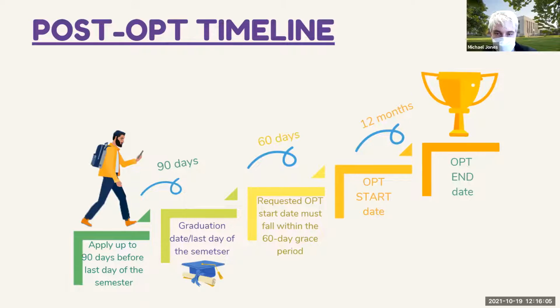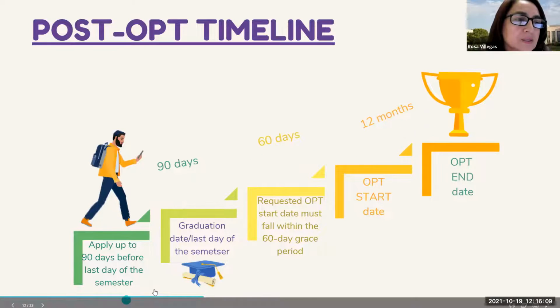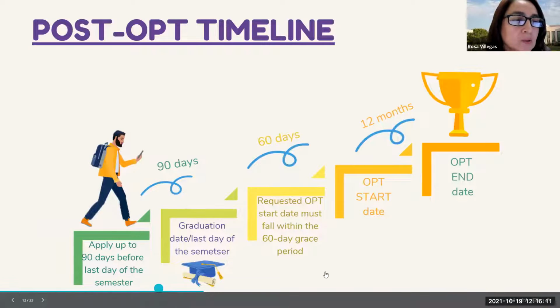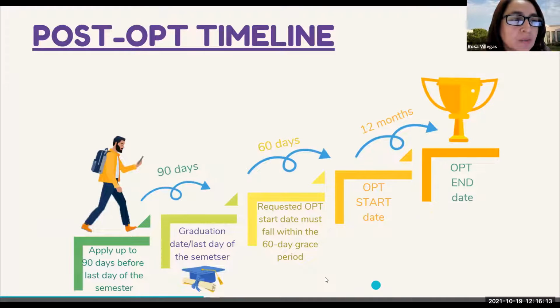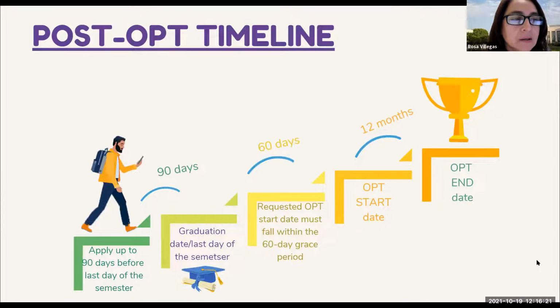Anything to add, Rosa, on this timeline? Not necessarily, just a comment, we do encourage students to apply early. If you apply late and USCIS takes a long time to process and give you a response or your work permit, then you may end up losing some time of the 12 months.